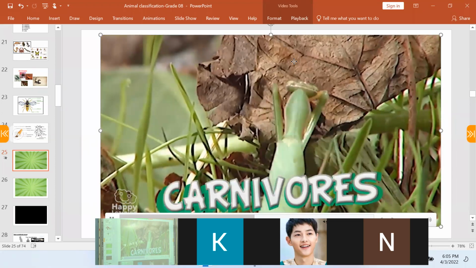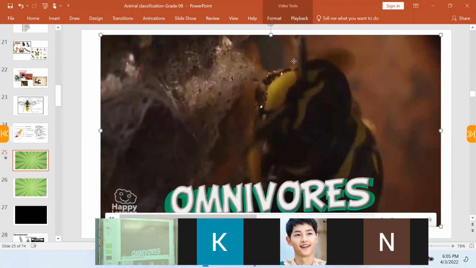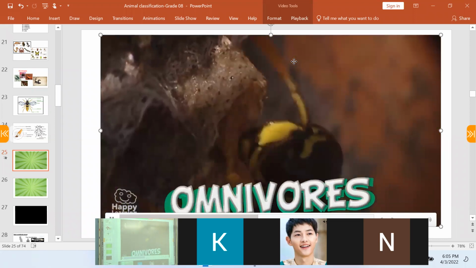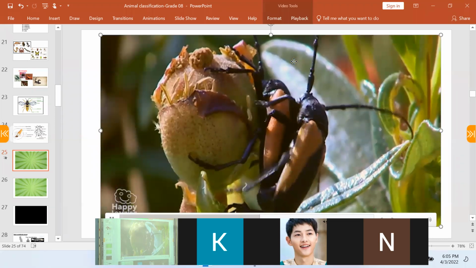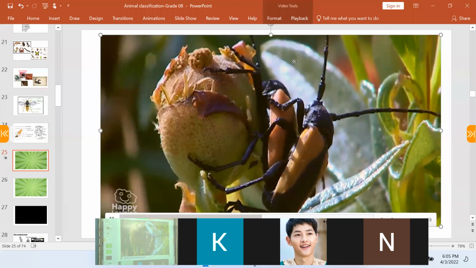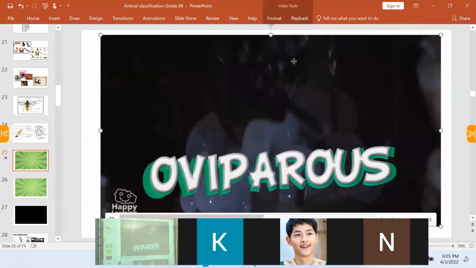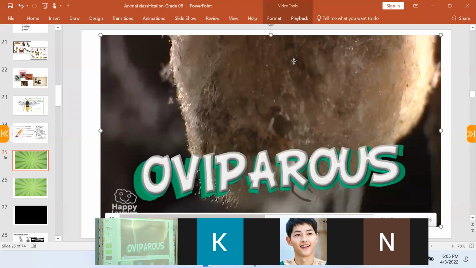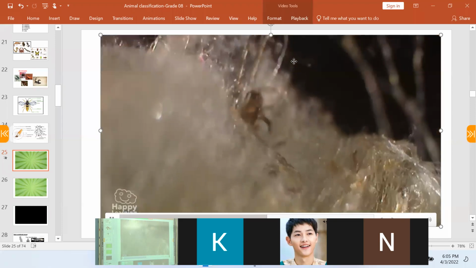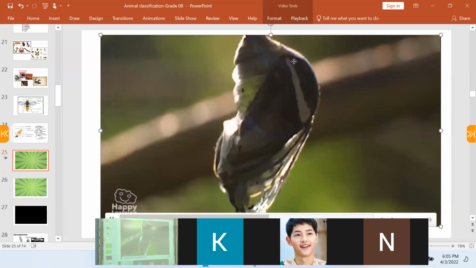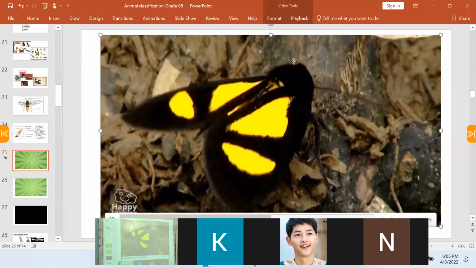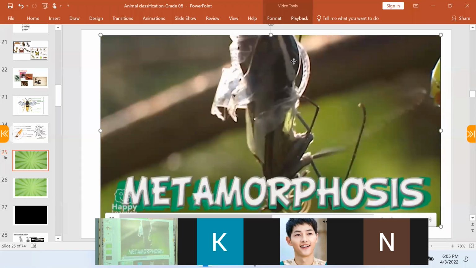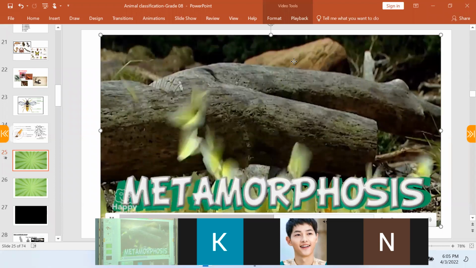And others omnivores, like the wasps, which eat everything. Most arthropods have internal fertilization and are oviparous, meaning they lay eggs to reproduce. Larvae hatch from these eggs and then go through different stages before becoming an adult. The change is called metamorphosis.